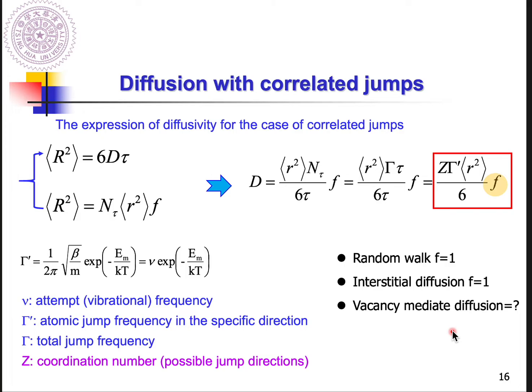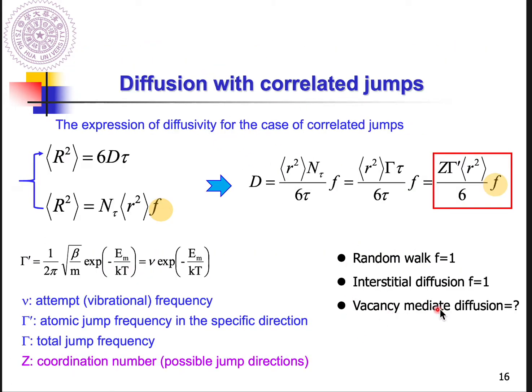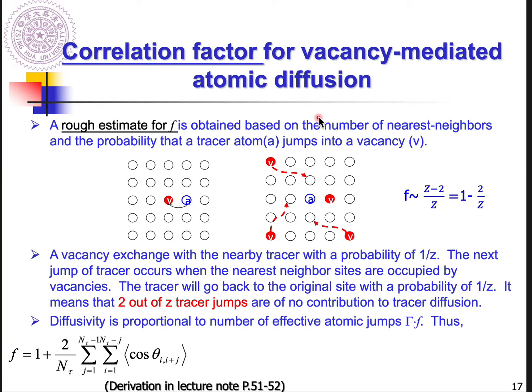But if it is not, you need to know the value for F. Otherwise, it's very difficult to get the diffusivity of your material, right? So the next slide is going to show you how to estimate the correlation factor for vacancy mediated atomic diffusion.